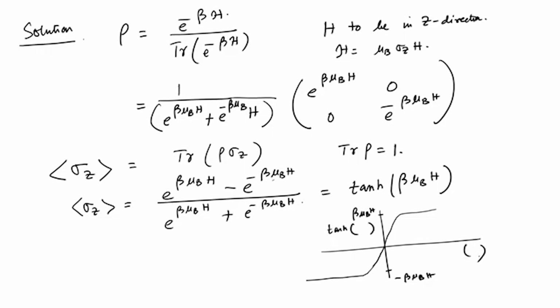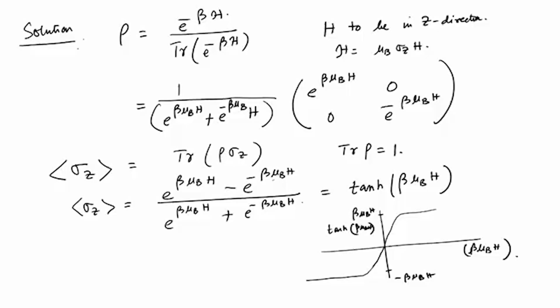All right. So, this is the magnetization which we are aware of. We have seen it from the microcanonical ensemble for spin half particles placed in a magnetic field, and we have seen it from the canonical distribution as well.